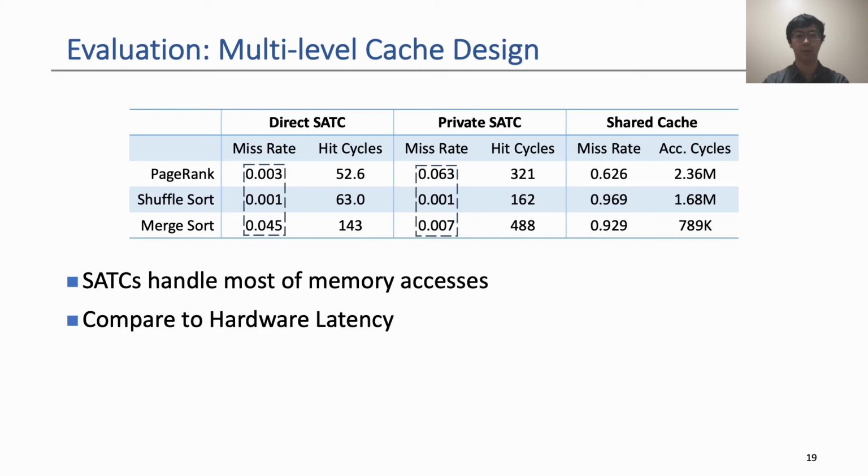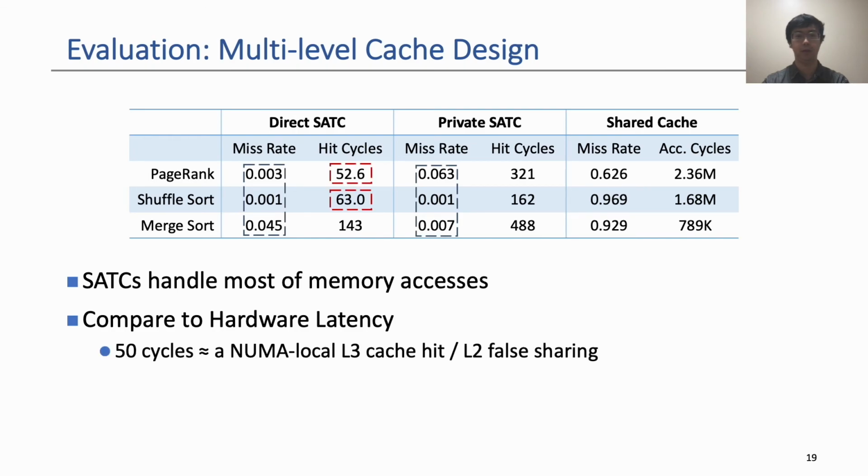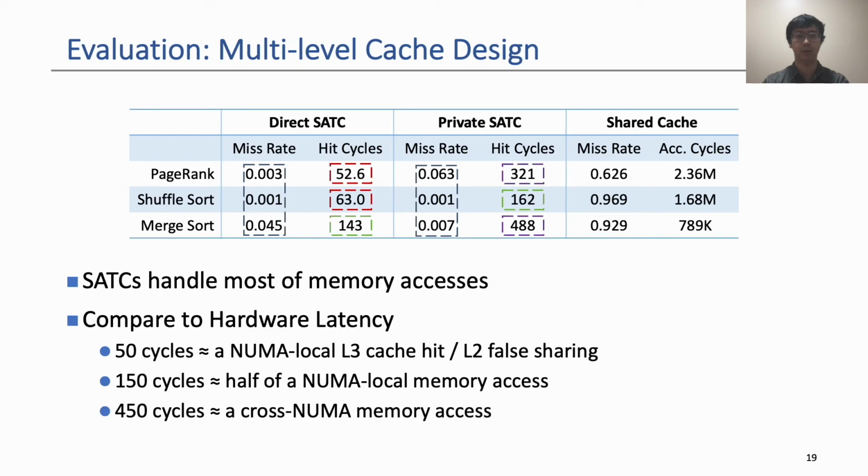We further compare the hit cycles of ITCs to hardware latency in order to give an idea of how much time they take. 50 cycles are close to a NUMA local L3 cache hit, or L2 cache force sharing. 150 cycles are about half of a NUMA local memory access. 450 cycles are less than a cross-NUMA memory access. Therefore, TriCache with SATC is efficient enough to provide a virtual memory interface and also to deliver memory comparable performance.